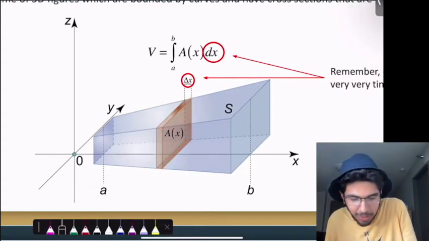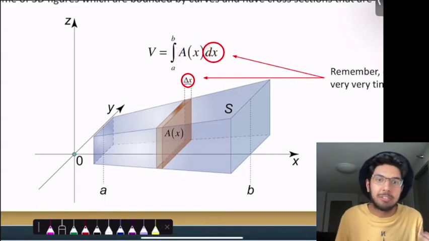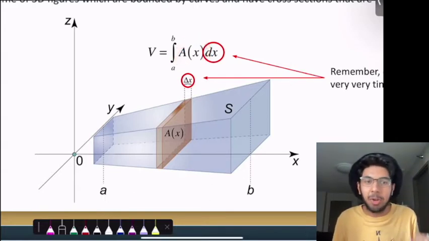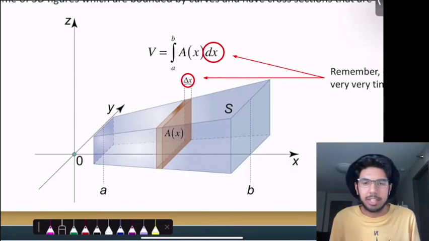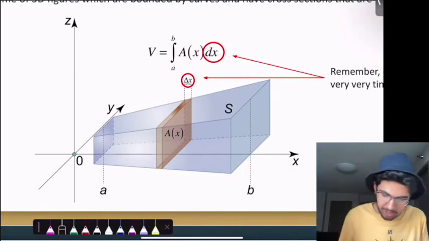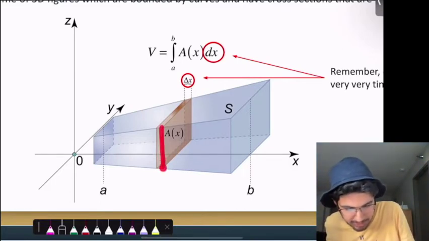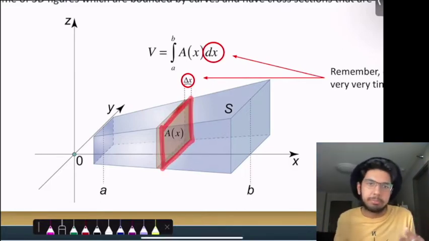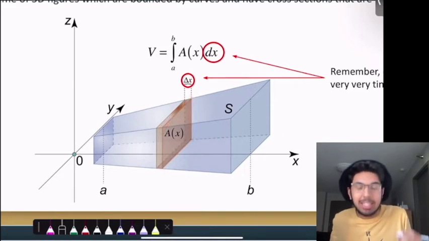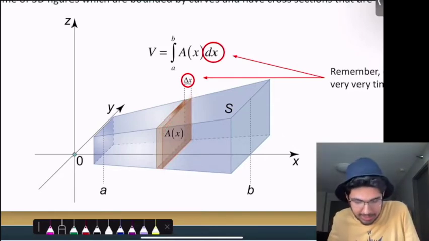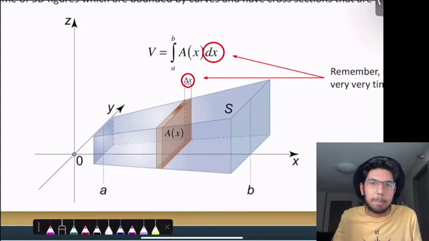But notice how A of x is a function of x. It's not always going to be a constant. What do I mean by that? For example, let's assume that this shape here is a square. Why not? Then A of x is going to be the side length squared.